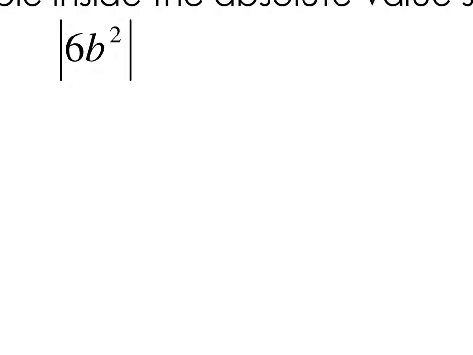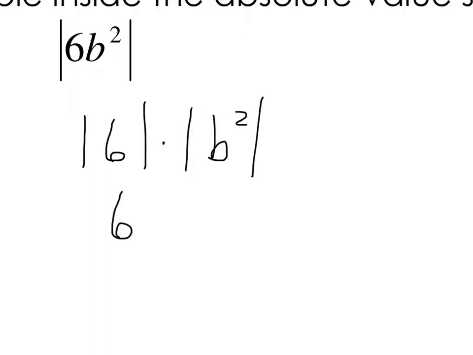What about this? We have the absolute value of a product, 6b squared. So we're going to take the absolute value of the individual factors and multiply them. Now the absolute value of 6 is easy. That's just 6. What about the absolute value of b squared? b has to be a real number.